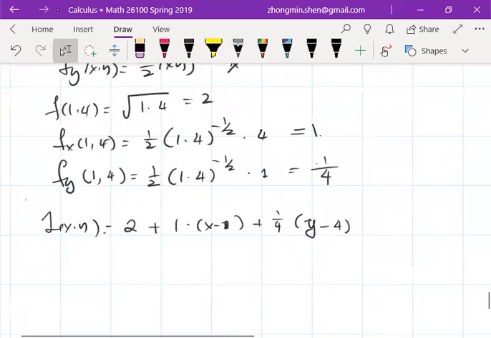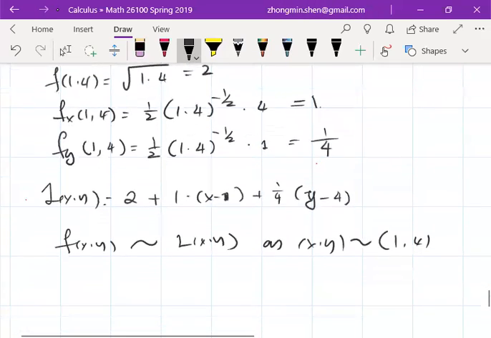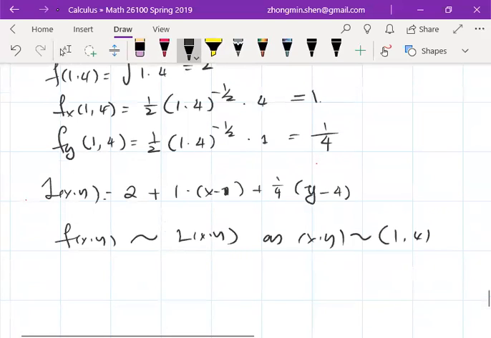So this is a function which gives you a good approximation. In other words, the function is very close to this as x, y is close to 1 and 4. So I can use that to estimate. For example, what is the value of 1.01 times 4.01, right?